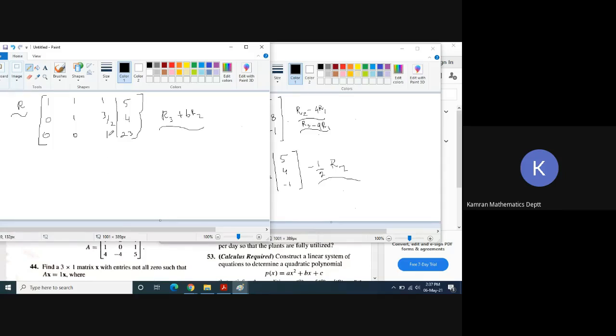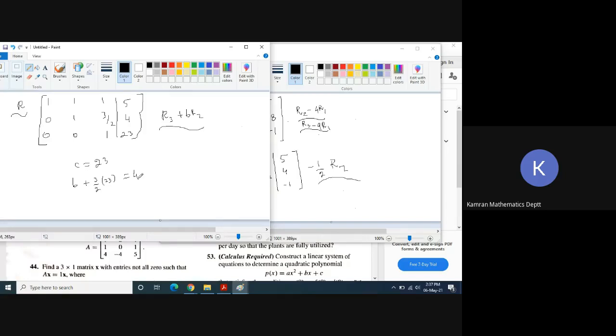Okay, this is the coefficient of what? This is the coefficient of C. So C is equal to 23, and from this equation B plus 3 by 2 C is equal to 4.